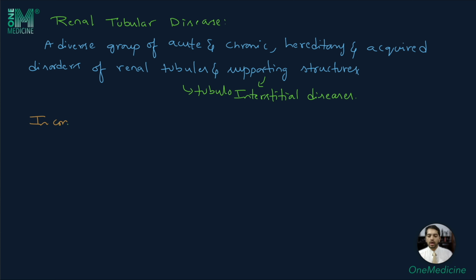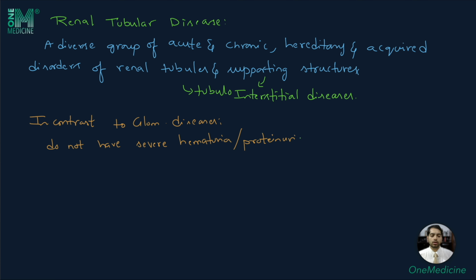In contrast to glomerular diseases, tubulo-interstitial diseases do not have severe hematuria or proteinuria, but there may be azotemia owing to the associated glomerular fibrosis or ischemia.